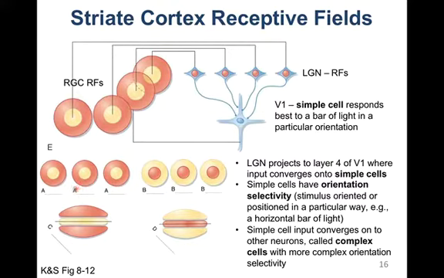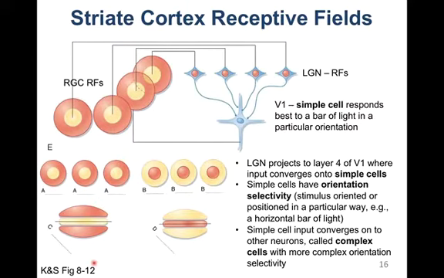And if you squish them, hopefully you can imagine how you would get a receptive field that looks something like this. Okay? So then, if we go back over here and read this, a simple cell responds best to a bar of light in a particular orientation. In this example, it's a horizontal bar of light because of the orientations of these specific receptive fields.